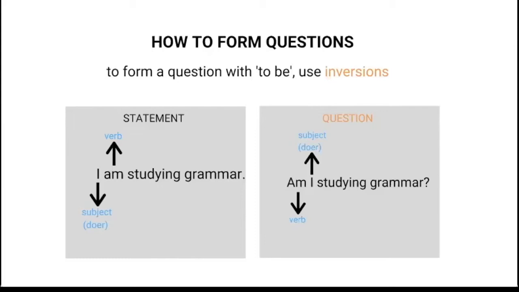But we're not gonna delve or dive into present simple. I just want you to look here. So we have I am studying grammar, and that's the statement. That's not a question. Now we turn that into a question. It becomes, am I studying grammar? Okay, so the subject and the verb change places.